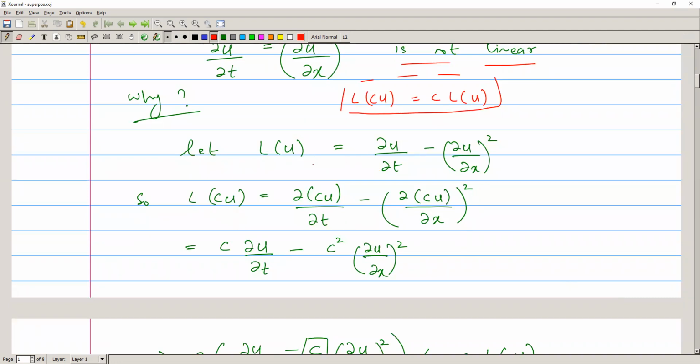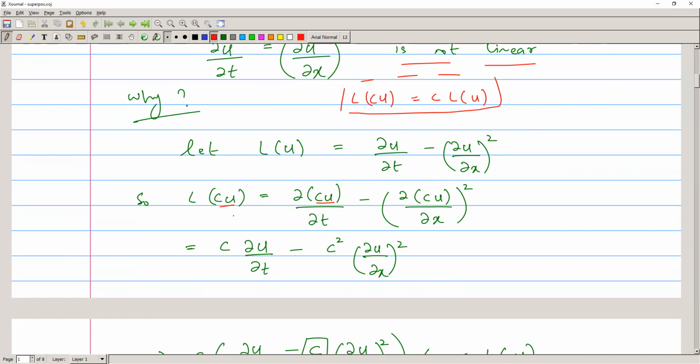First of all, we can write the equation like this: Lu = ∂u/∂t − (∂u/∂x)². Then L(cu) will be equal to ∂(cu)/∂t. What we are doing now is replacing this u with cu, right? Because we want to check L(cu).